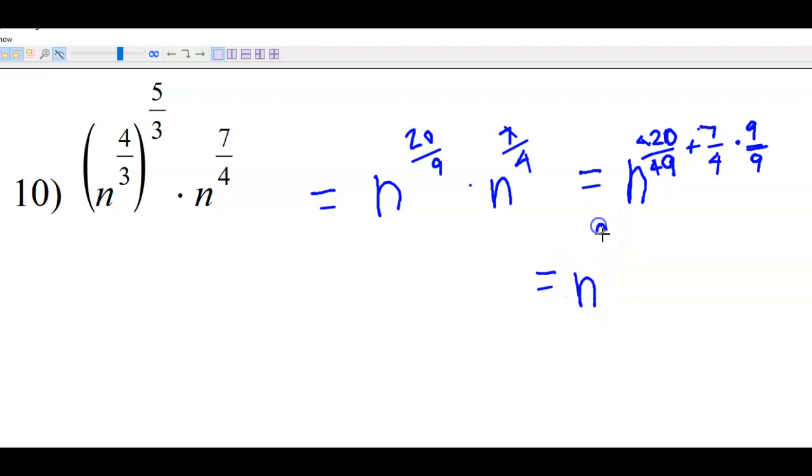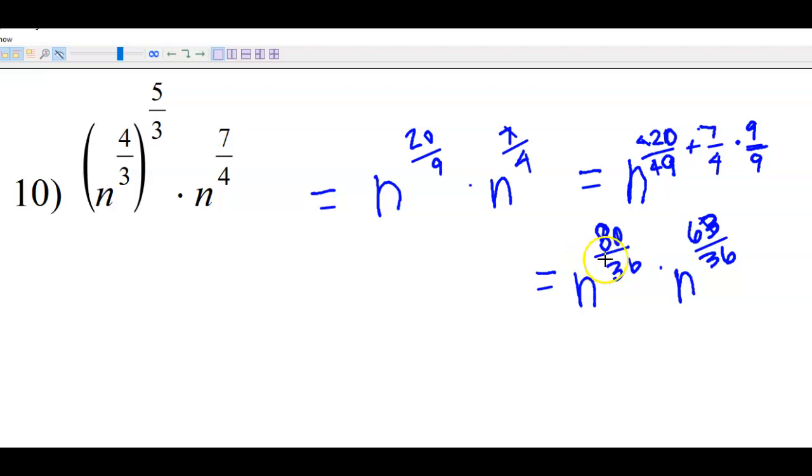So this is going to equal n to the 80 over, and then 4 times 9 is 36. And then 7 times 9 is 63 over 36. That's a 3, not an 8.